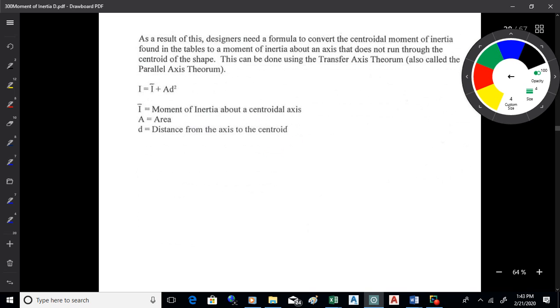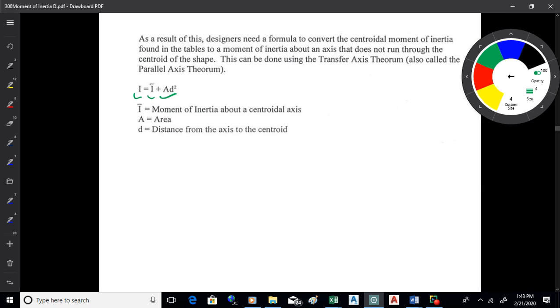So the way you do that is called the transfer axis theorem. And here it is. If you want to get the moment of inertia about an axis other than the centroidal axis, you take the centroidal moment of inertia, which for a rectangle is bh cubed over 12, and then you add the area of the shape times the offset distance between the two axes squared. Okay?